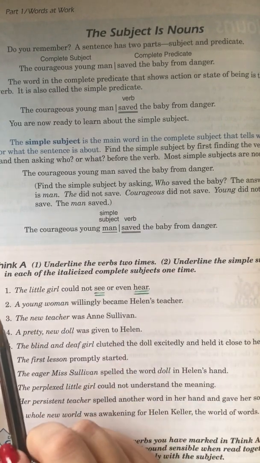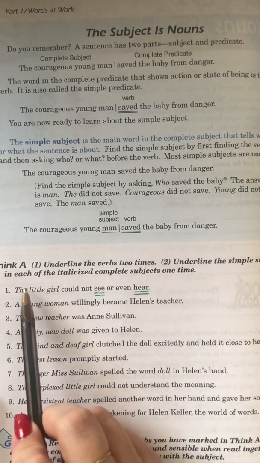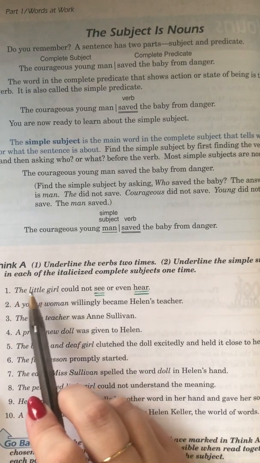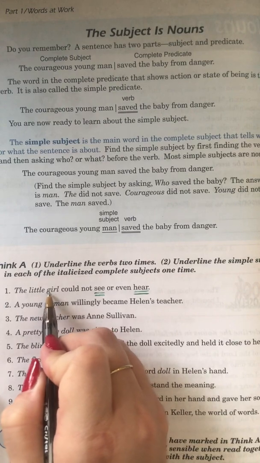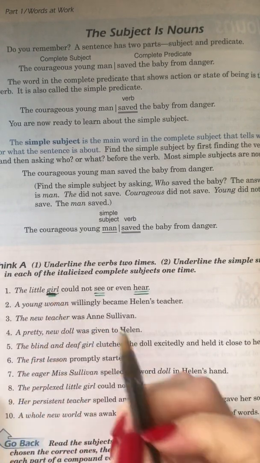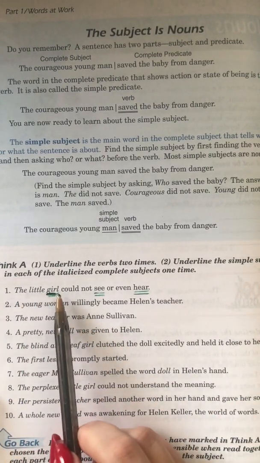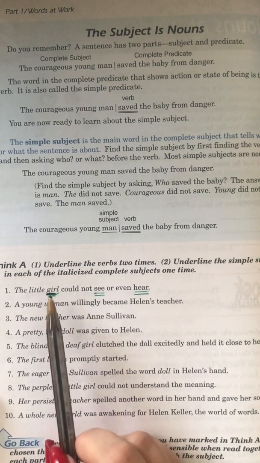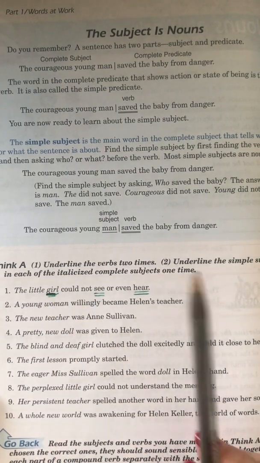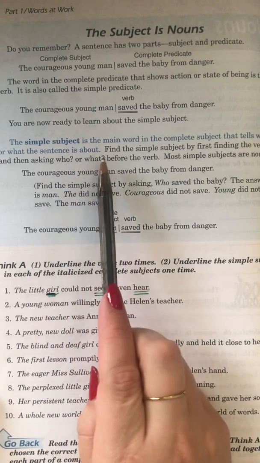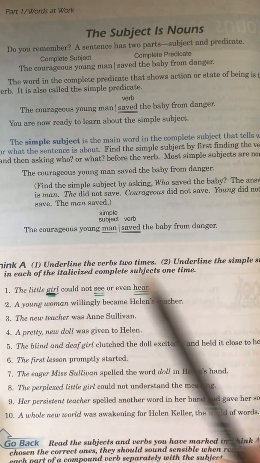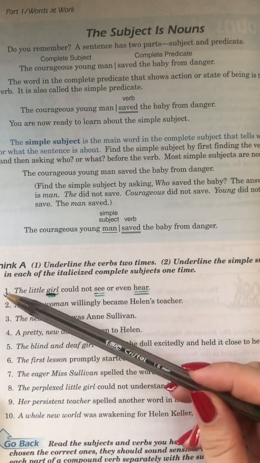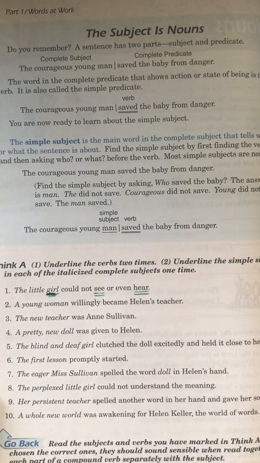But for the simple subject, we have the little girl for the complete subject, but the simple subject would just be girl, because all of these words are describing the simple subject, which is who we are talking about. And remember, we ask who or what, and in this sentence it's who and it's girl. So you're going to do the same for numbers 2 through 10.